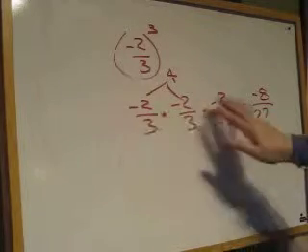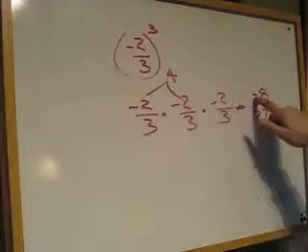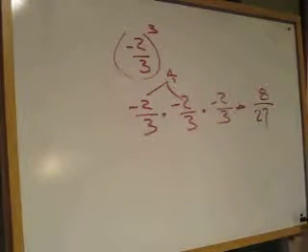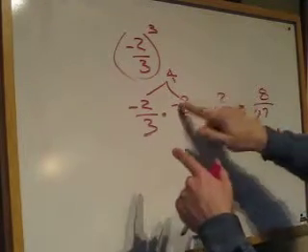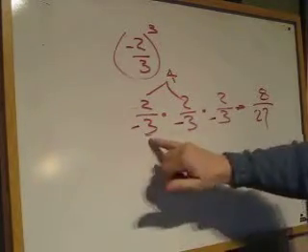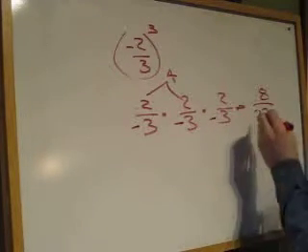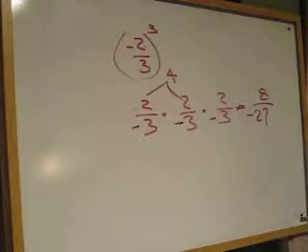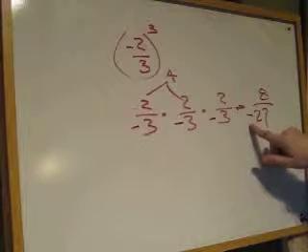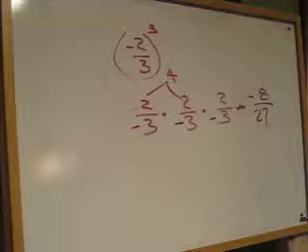If you don't want to use them on the top, 2 times 2 is 4 times 2 is 8 and make this a positive, that works. No problem. But now your negatives have to be on the bottom. So now you've got -3 times -3, which is +9 times -3, which is -27. It doesn't matter where that negative goes, on the bottom or on the top, it's the same answer.